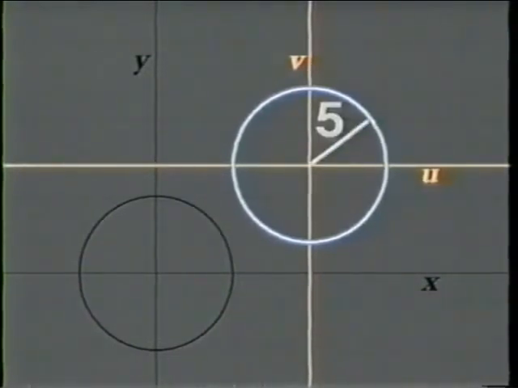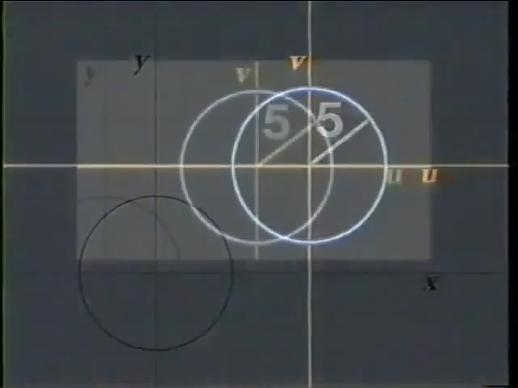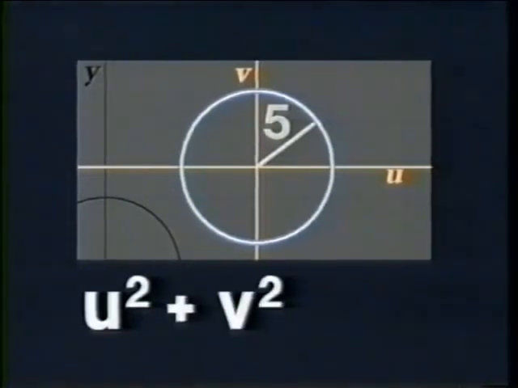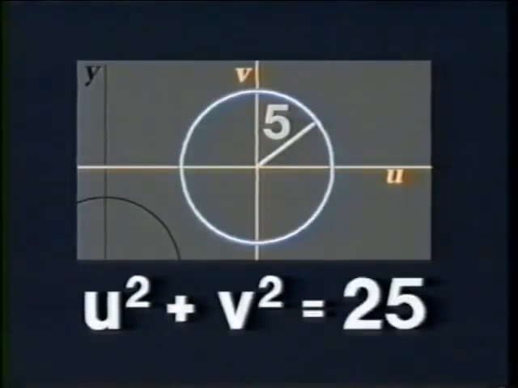The radius is still 5 units. So, in terms of u and v, the equation must be u squared plus v squared equals 25. Now all we have to do is convert this equation into terms of x and y.